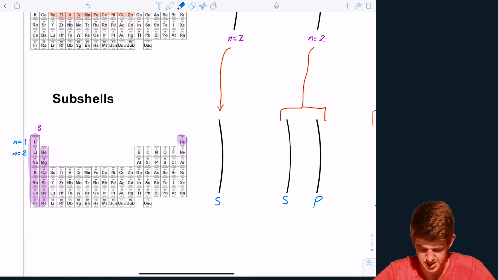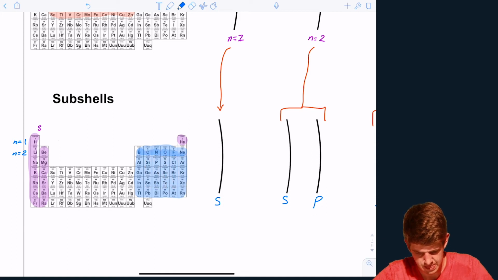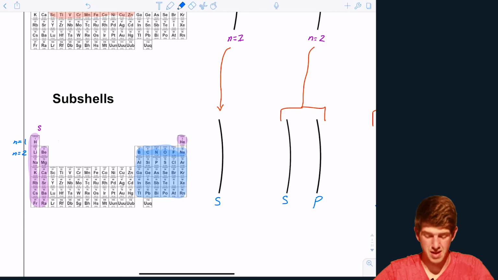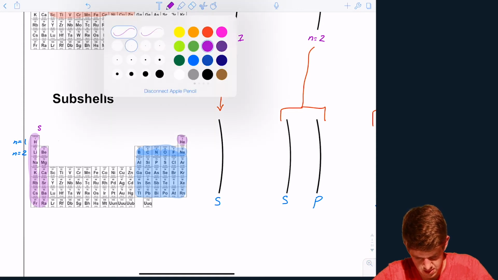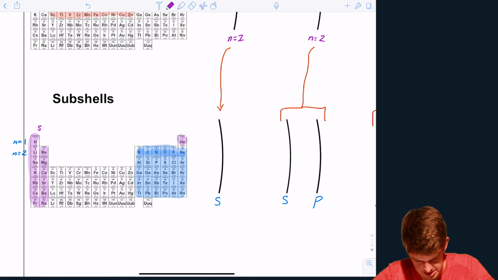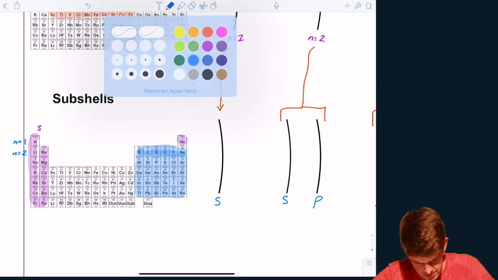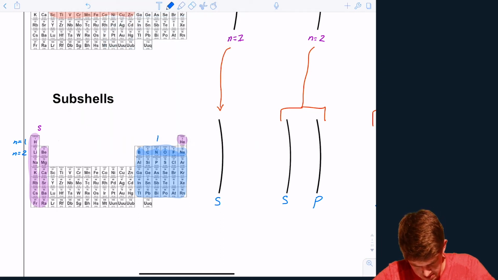And those subshells are the 2s right here, and then also the 2p. And all of these elements here are in the p block. Only these ones are actually in the 2p block. So I will represent those. Why not? Let's just follow the flow with a p.